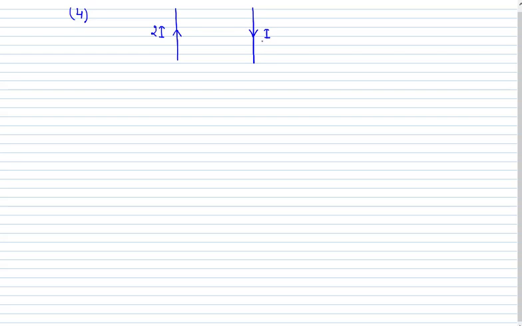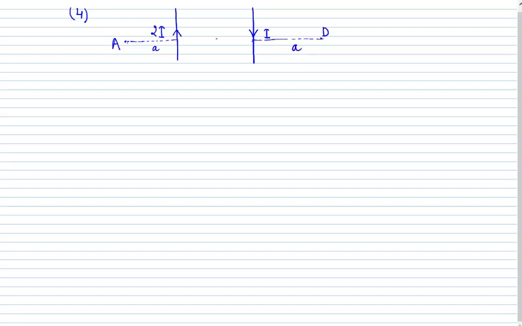And we consider a point A, which is at a distance small a from the first wire. Then we consider point B. Then we consider point D, which is at a distance small a from the second wire.